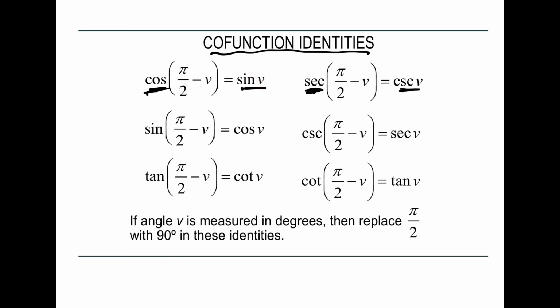I'm just using this as an example: the cosine of 90 minus 30, which is the cosine of 60, is the same thing I get as the sine of whatever is being subtracted there, sine of 30. The sine of 30 is a half, and the cosine of 60 is a half.